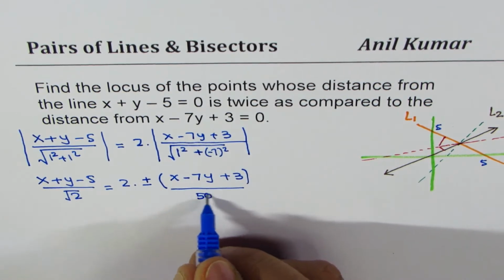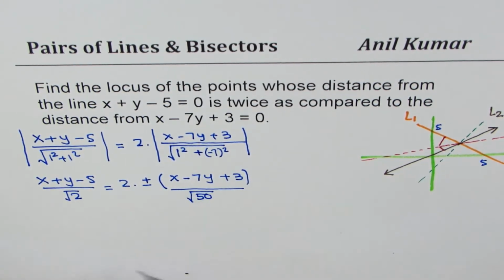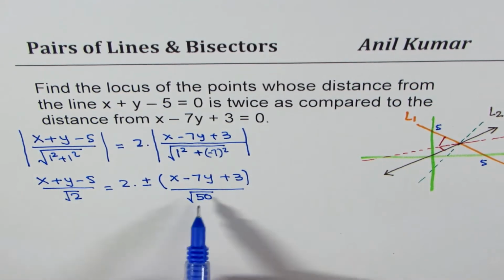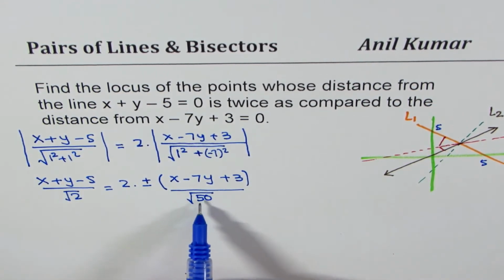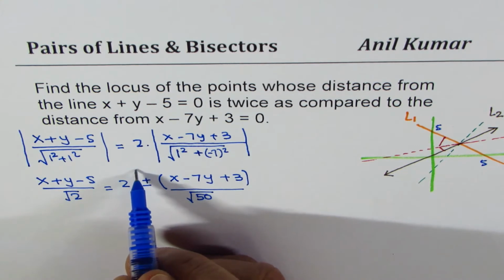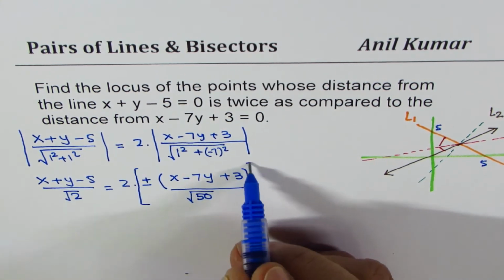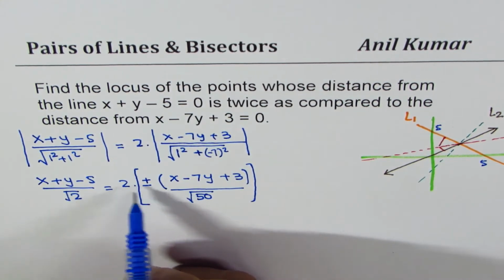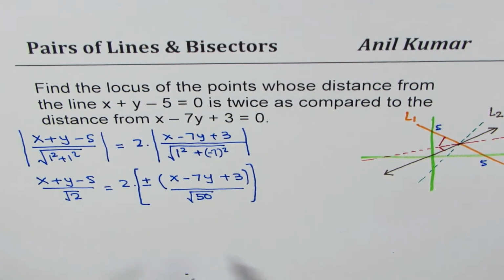The square root of 50 is actually 5 square root 2, as we can write this as 25 times 2, correct? This sign, let me write like this so that there's no confusion. It's not plus minus, 2 times that, correct?